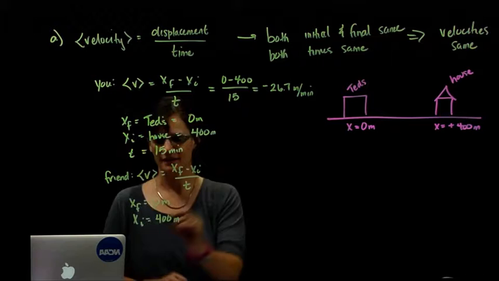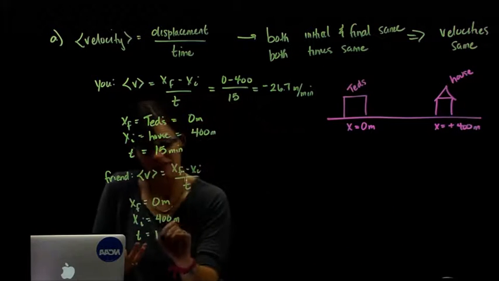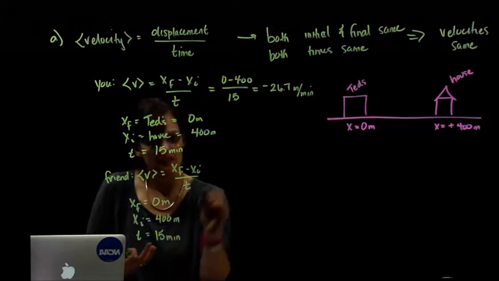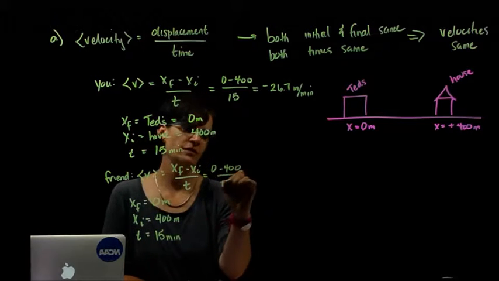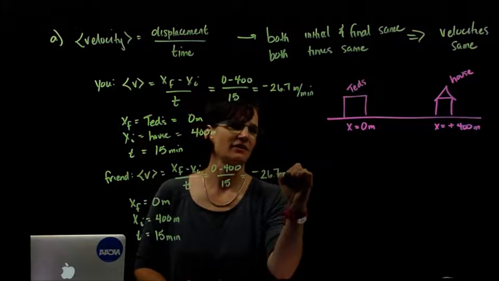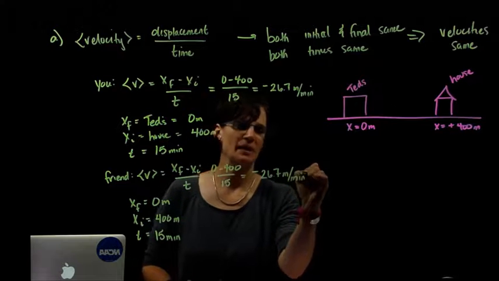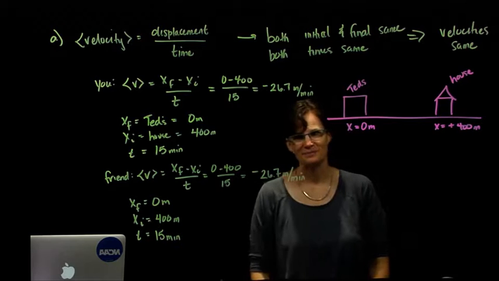So using then the time he travels, even though he sat and hung out for a little bit, he still got there in 15 minutes. So 0 minus 400 over 15 gives me negative 26.7 meters per minute. And indeed, we have the same average velocity.